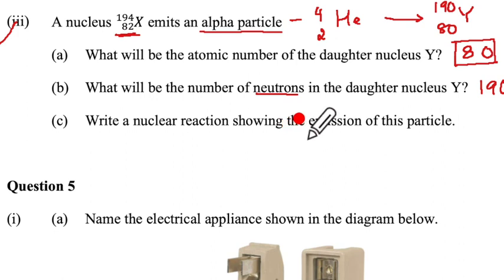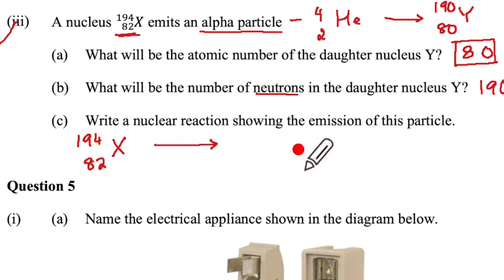Write the nuclear reaction showing the emission of this particle. So we write X 194 82, and it is going to emit an alpha particle.